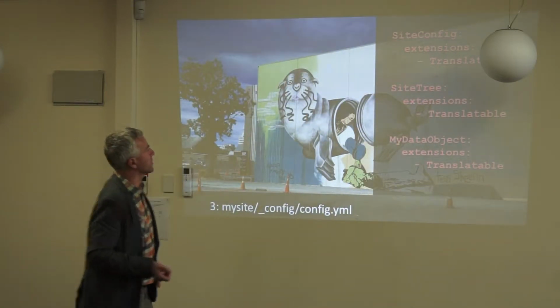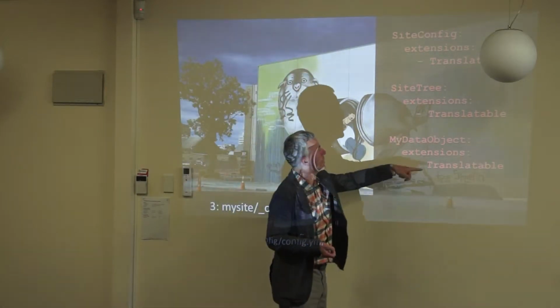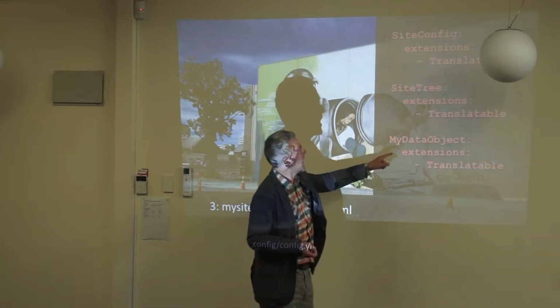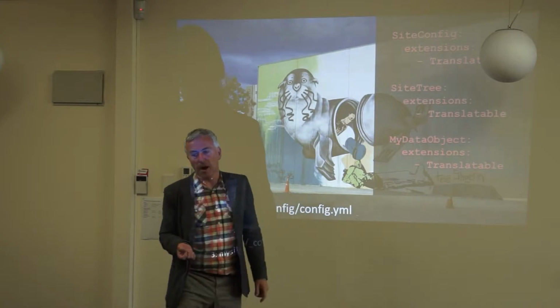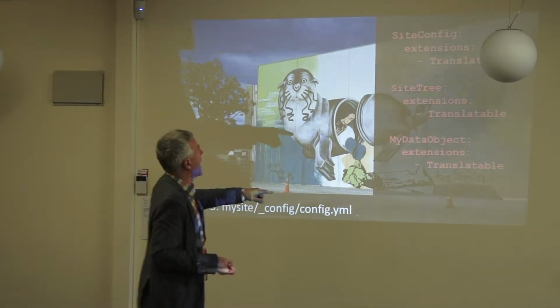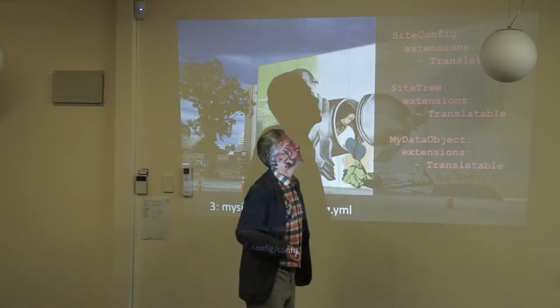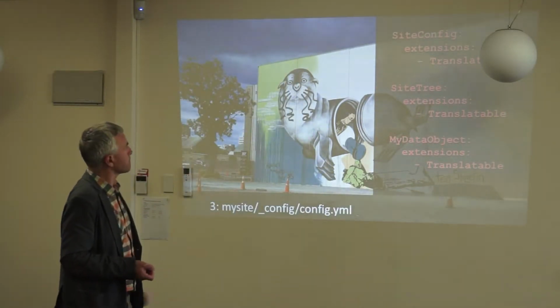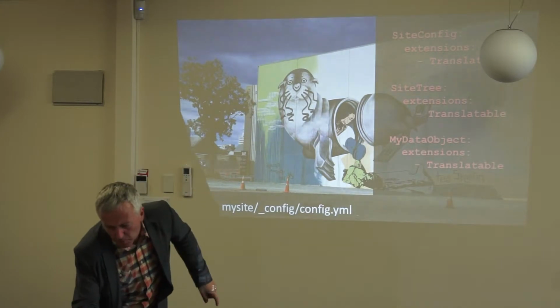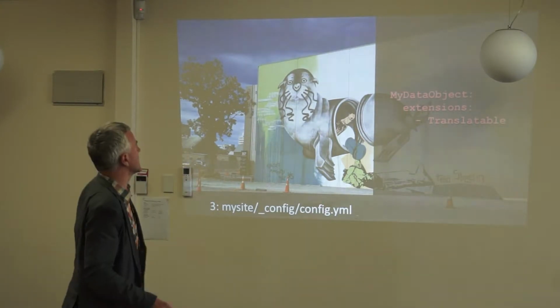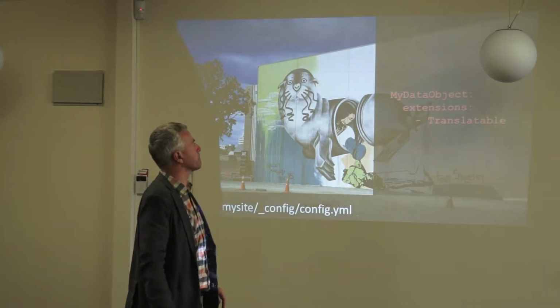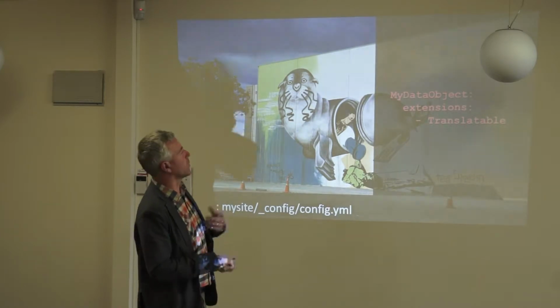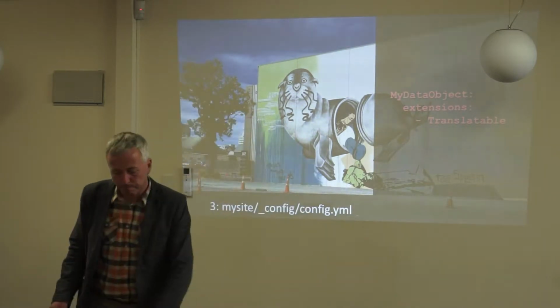But more than that, you can translate your own data objects. And so you do it by putting YML markup in your config YML file. However, the top two there you don't actually need, because Translatable has its own YML file that includes them anyway.